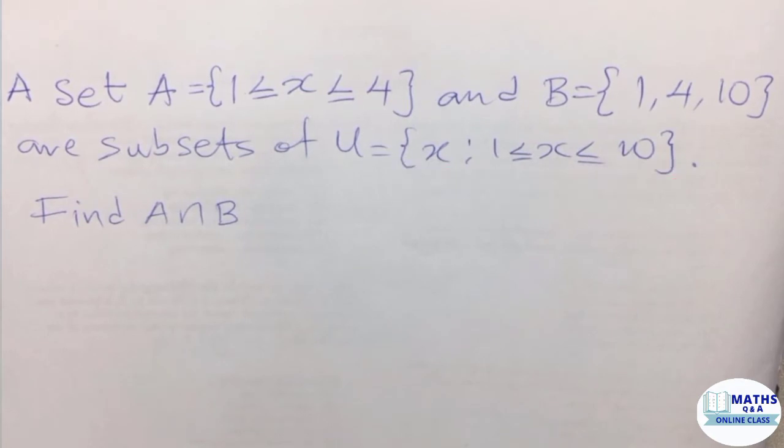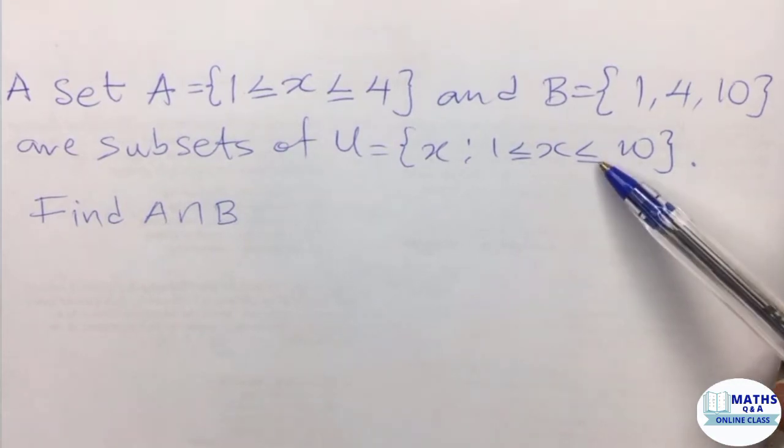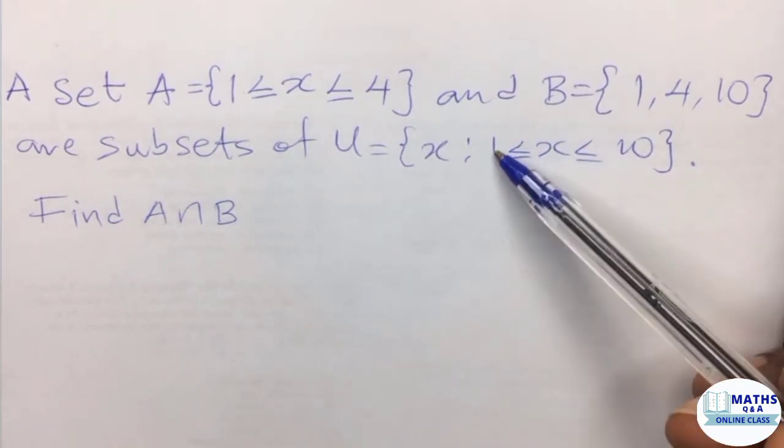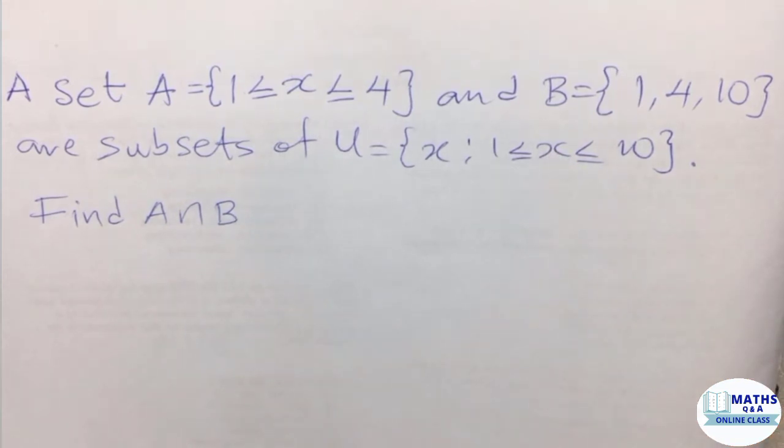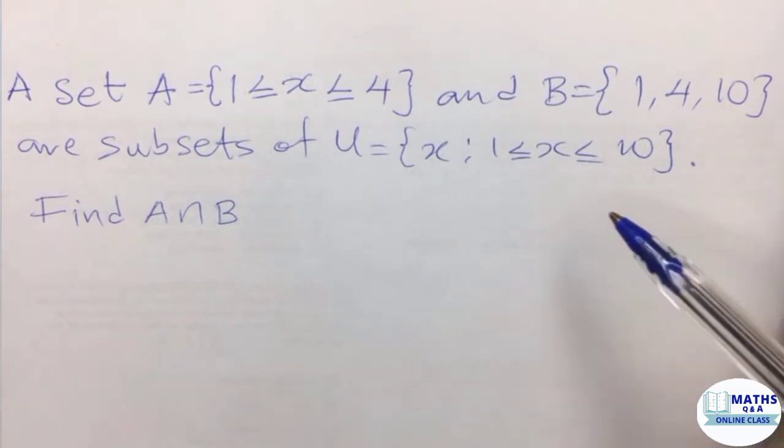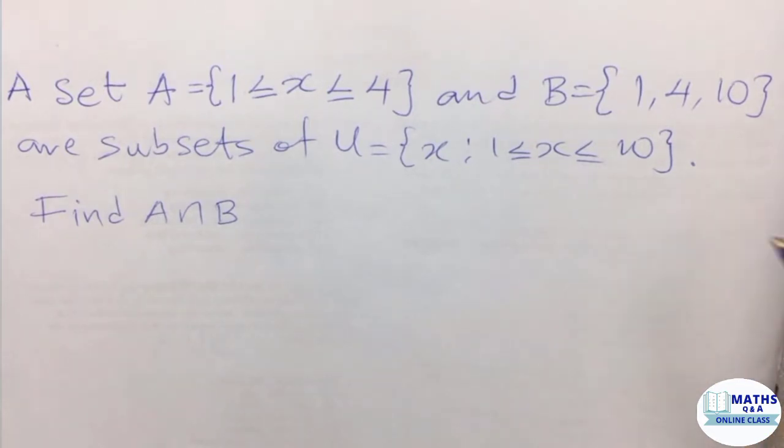Now it's given in set builder notation form. x is greater than or equal to 1. That means we are starting the list of elements in the universal set from 1, and we're going to increase it till we get to x less than or equal to 10. That means the last element in the set is the number 10.